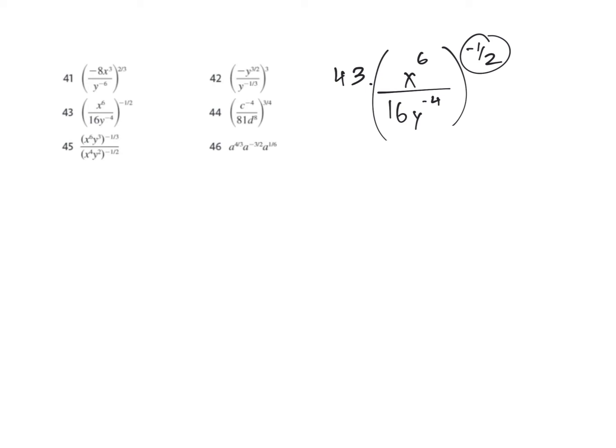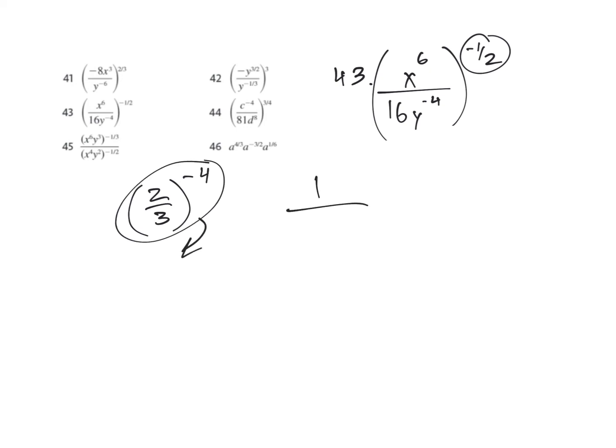If it's a negative exponent on a fraction, all you have to do is just flip the fraction upside down. So let me give you a quick example again to remind you. Let's say we have 2/3 raised to the negative 4. So if we move this to our denominator, that's 1 over 2/3 to the positive 4.